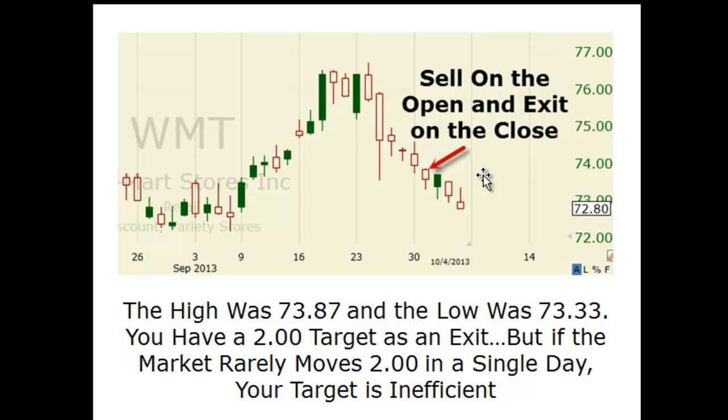And in fact, based on market movement stats, we know that this 2-point target is not going to be hit very often at all. So market movement limitations also provide limitations and guidance for where you should exit. And we know that in this particular situation, a 2-point target is just simply inefficient.